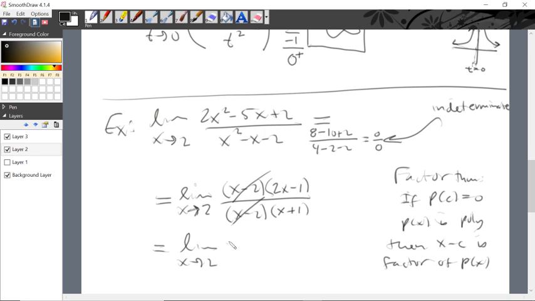Limit as x goes to 2 of 2x minus 1 over x plus 1. Now we are within the domain of this rational function, so we can just plug this in. So you get 2 times 2 minus 1 over 2 plus 1. What does that give us? 4 minus 1 is 3, 2 plus 1 is 3, 3 divided by 3 is equal to 1. So this limit's equal to 1.